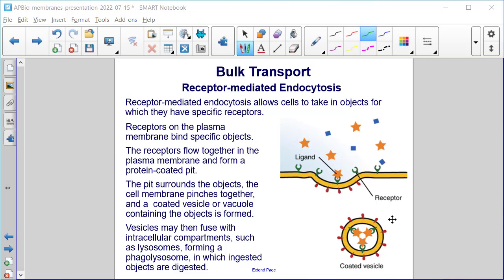The pit surrounds the objects, the cell membrane pinches together, and a coated vesicle or vacuole containing the objects is formed, which you can see here. Vesicles may then fuse with intracellular compartments, such as lysosomes, forming a phagolysosome in which ingested objects are digested.